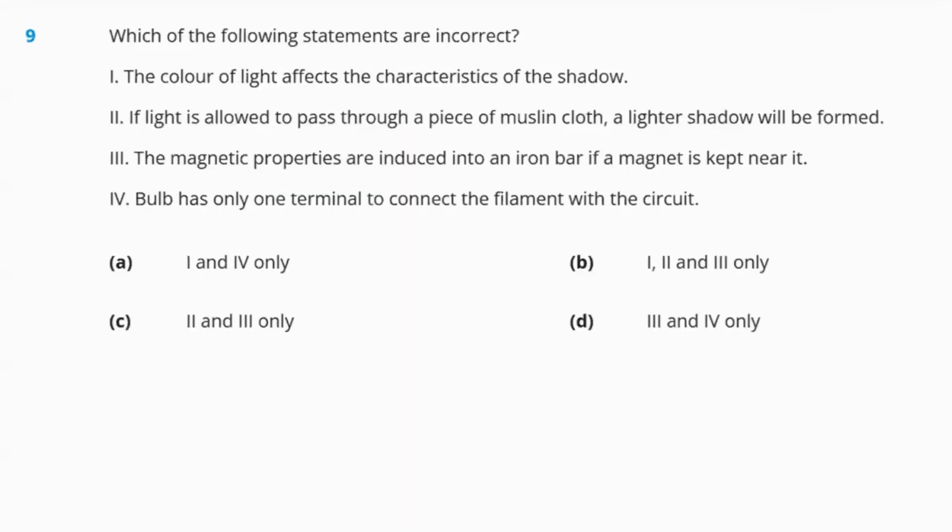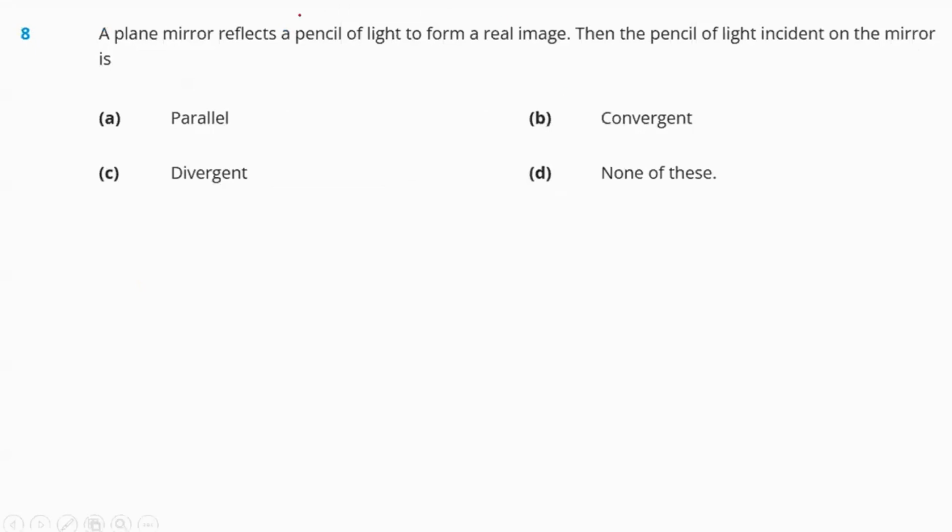Question number 8 says, a plane mirror reflects a pencil of light to form a real image. Then the pencil of light incident on the mirror is, okay, everyone. When a real image is formed, the beam of light is convergent.